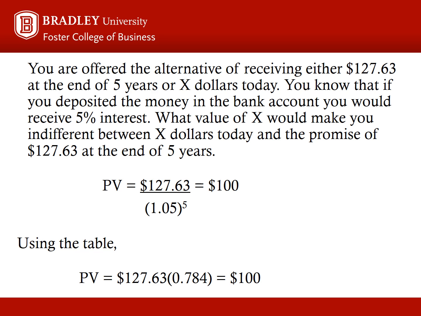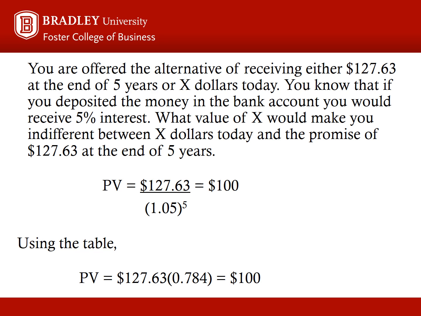And so what we would do is discount that $127.63 at the interest rate, in this case the discount rate, because that's a sure thing for you. You have a bank account that's going to give you 5% interest, and this $127.63 would occur 5 years from now. So we want to discount it back to today to see what it's worth today, and when we do the math, it's worth $100.